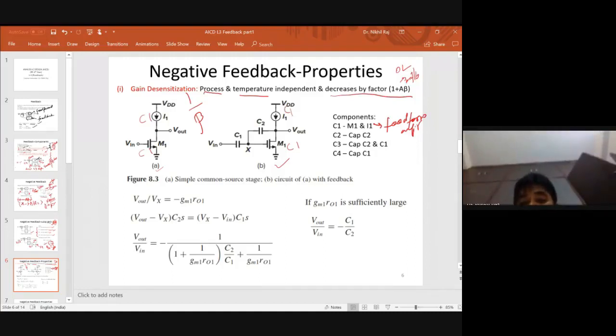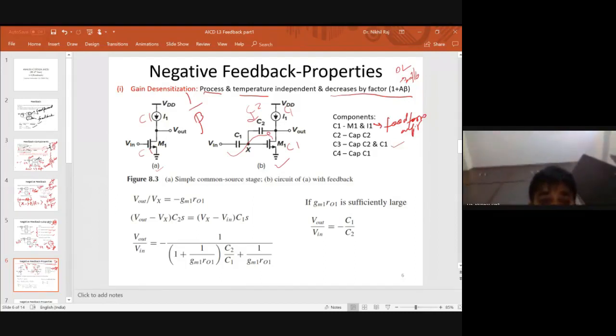Then what is the second component? The second component is your feedback component. What is the feedback component? Capacitor C2 is your feedback component. Then number 3 is the feedback network. The feedback network is the divider connection of capacitors, that is the C3 component. And then the C4 component is the feedback error generation.